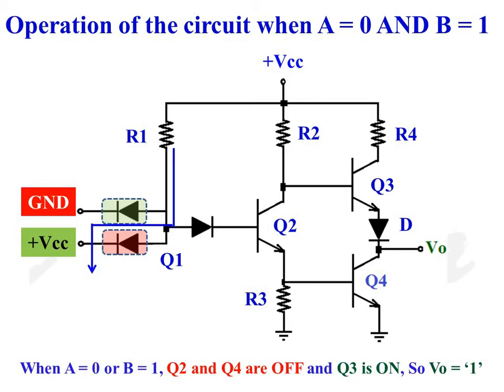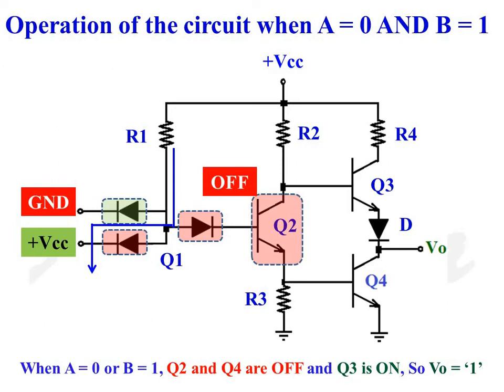So current flows through that base emitter junction. So current flow through the collector base junction of transistor Q1 is equal to 0 as the collector base junction is in the reverse biased condition. So transistor Q2's base current is equal to 0. So transistor Q2 is in the off condition.